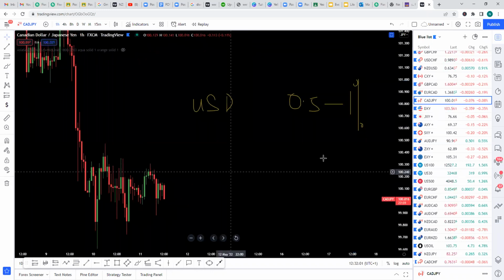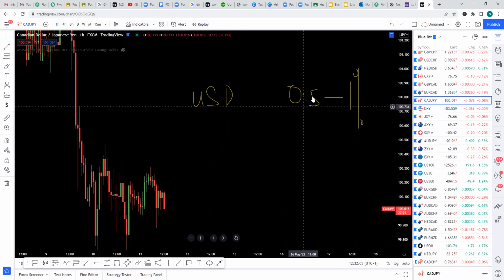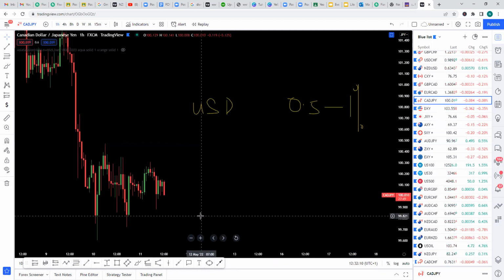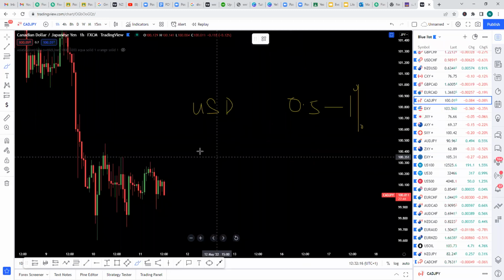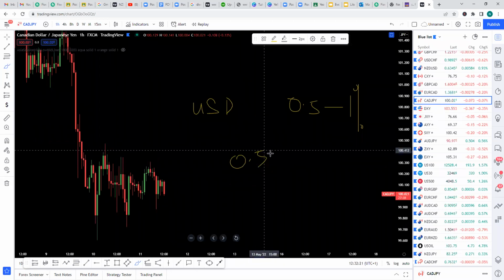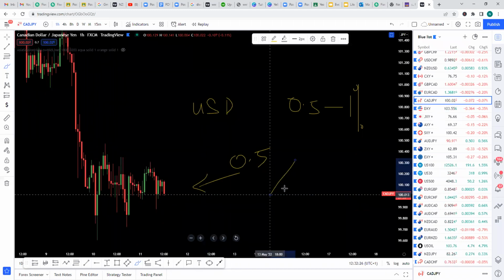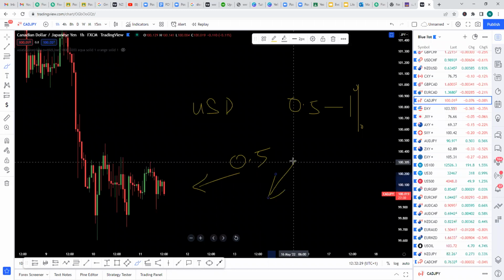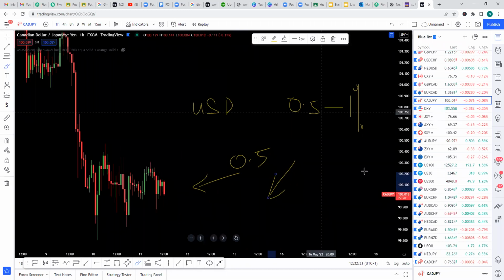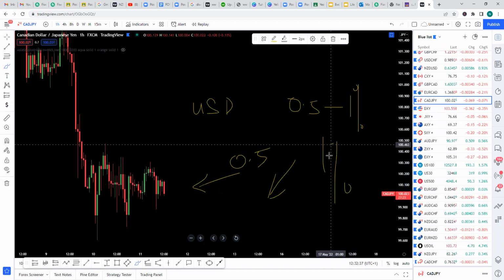You understand? So now look at this, guys. Interest rate has been increased from 0.5 to 1%. How does it affect USD? I want to ask you a question. If you were earning 0.5% on your deposit before, and right now you are being promised that if you deposit US dollars, you're no longer going to earn 0.5%, but you're going to earn 1%, what are you going to do as an investor?